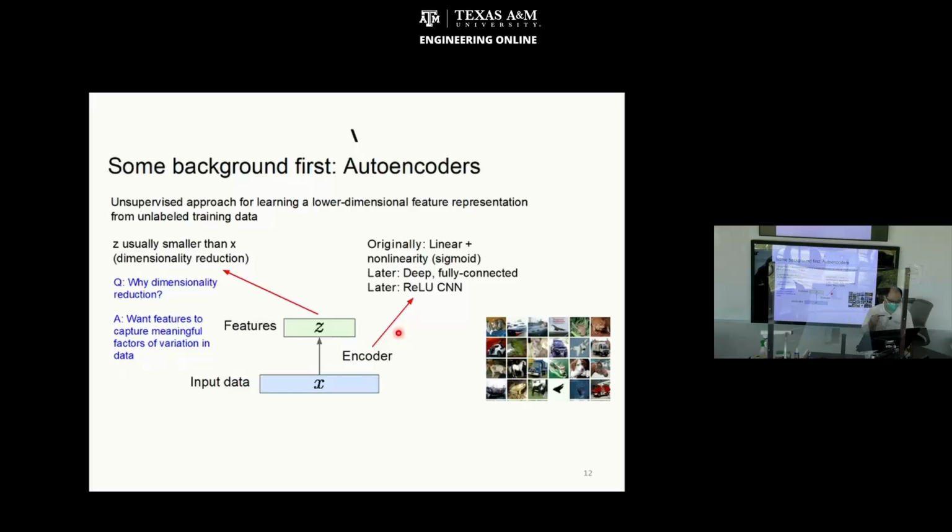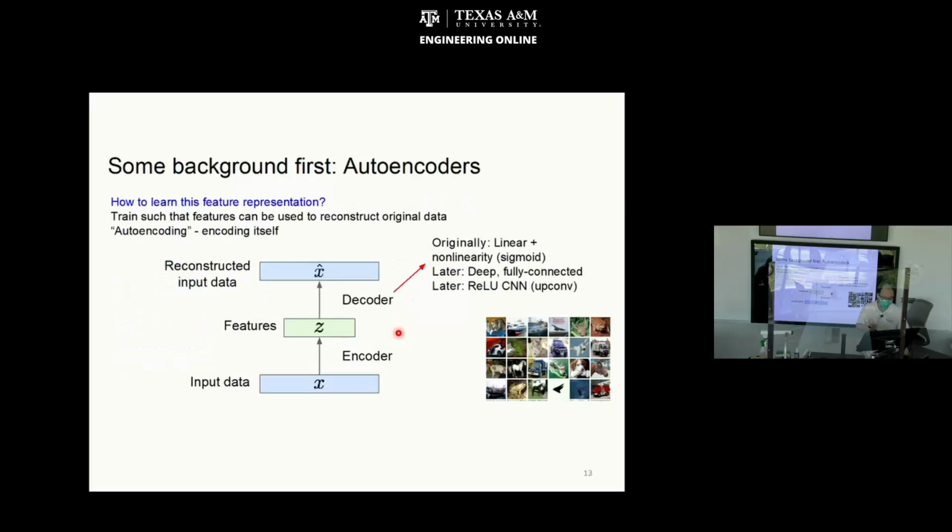So that's autoencoders. First of all, the encoder part. But the question is, how do you learn this Z? How do you learn this process going from X to Z? Well, the idea is called auto-encoding. By auto, you mean that it's doing something to itself.